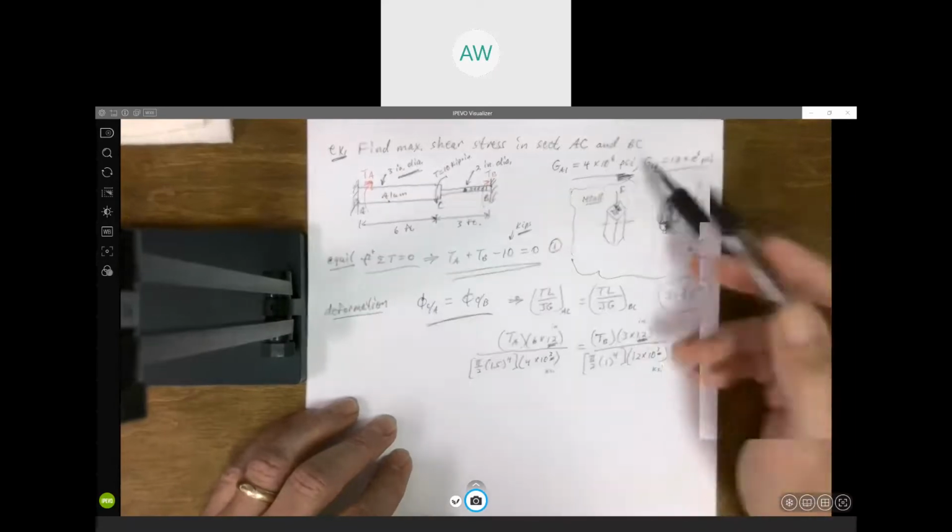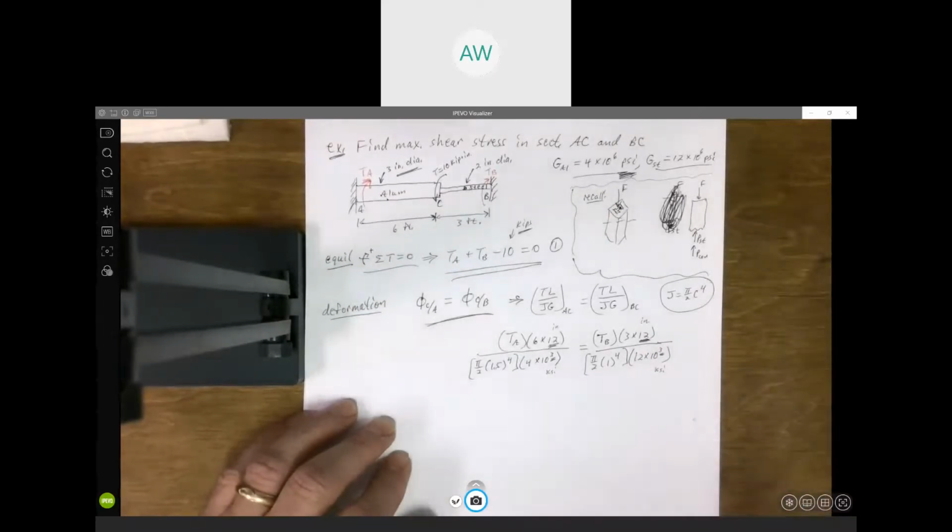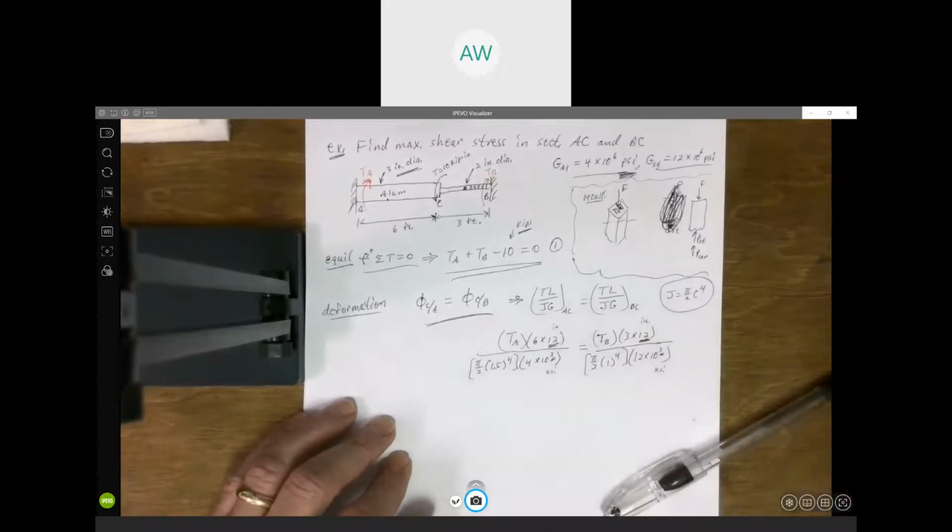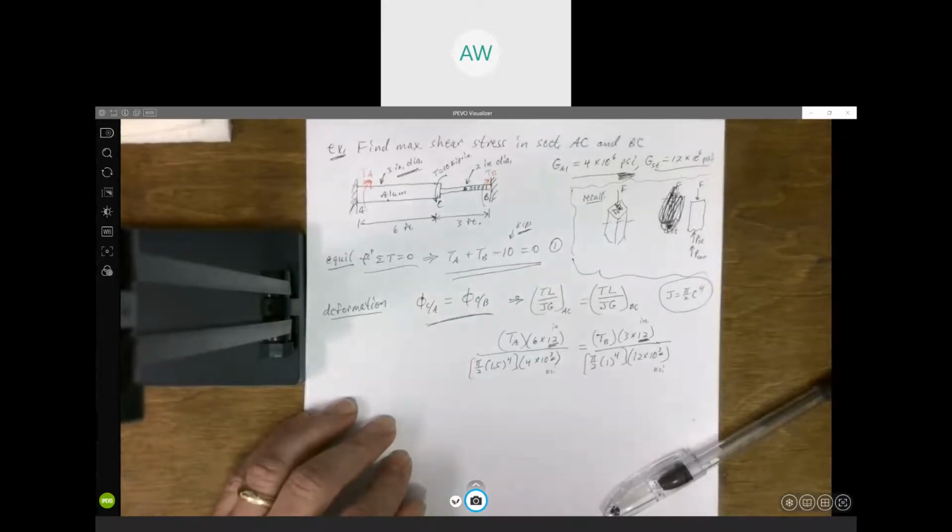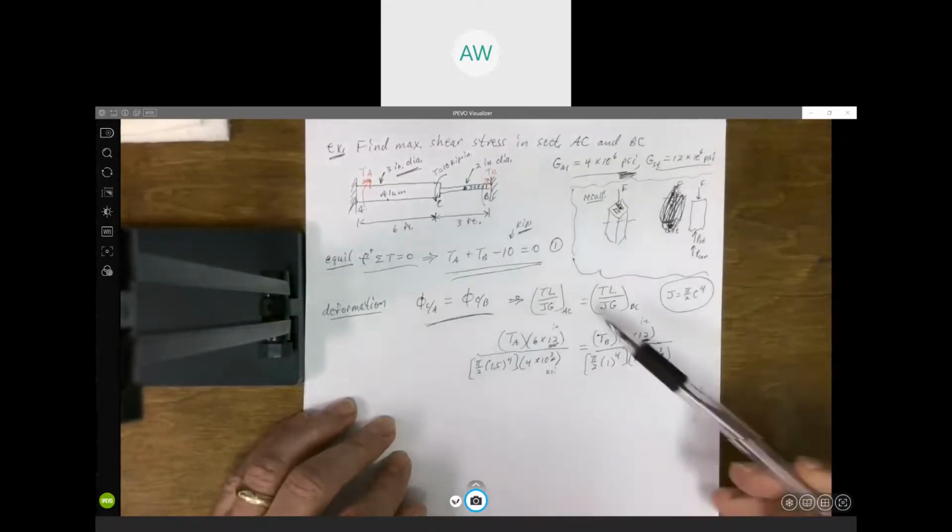So the question asked was, would solving for a square cross-section be as simple as changing J? No. Not anywhere close. If you're twisting a shaft with a square or rectangular cross-section, this formula is useless.